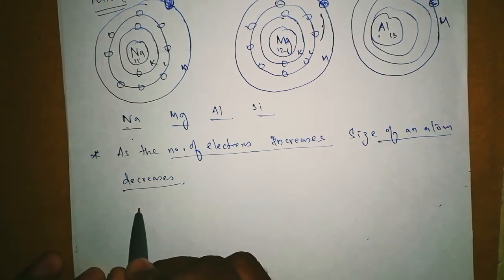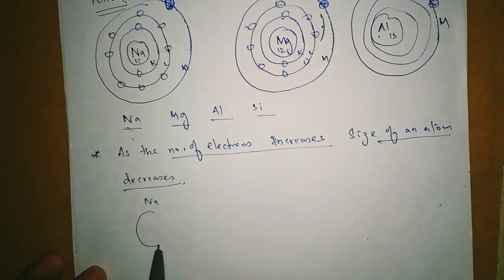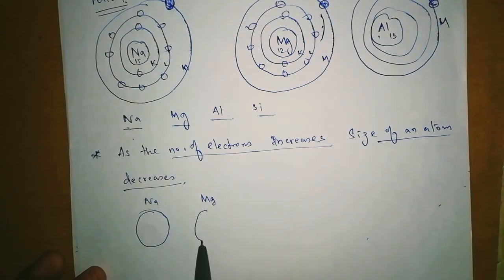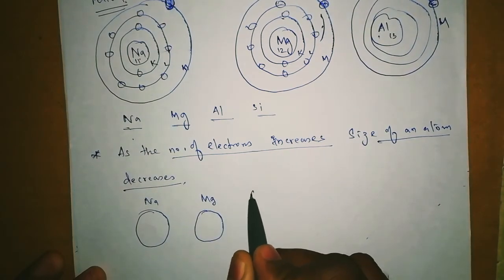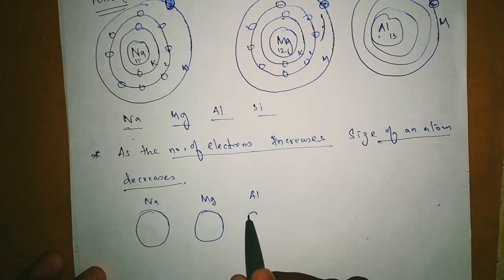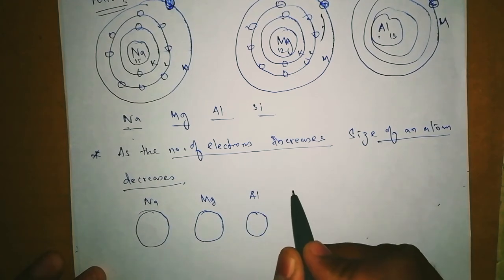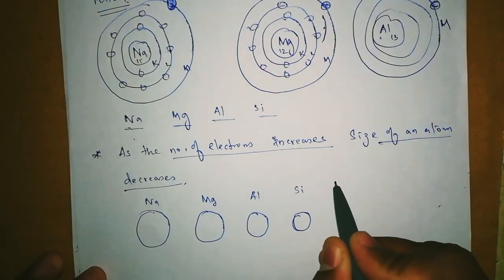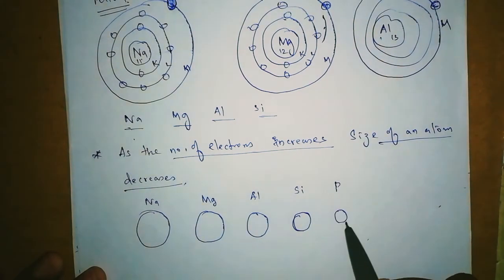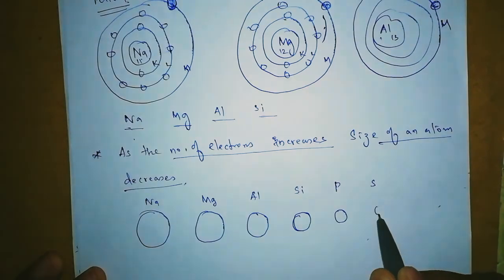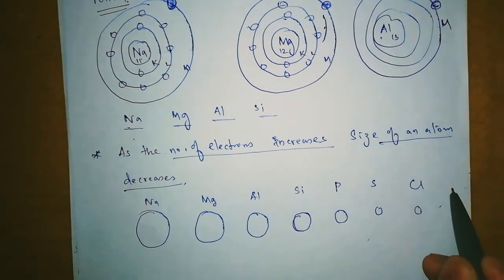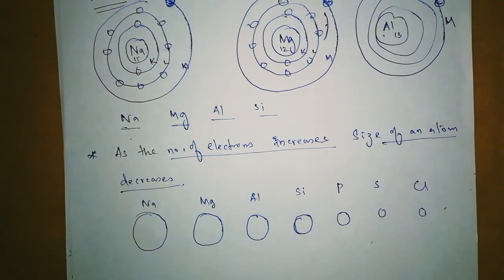For example, if I say sodium size is like this, magnesium size is a little smaller than that, and aluminium size even more smaller than that. And then if I come to silicon, even more smaller, and then phosphorus even more smaller, sulfur even more smaller, and then when you go to chlorine, smaller, and then the last one becomes smaller again.